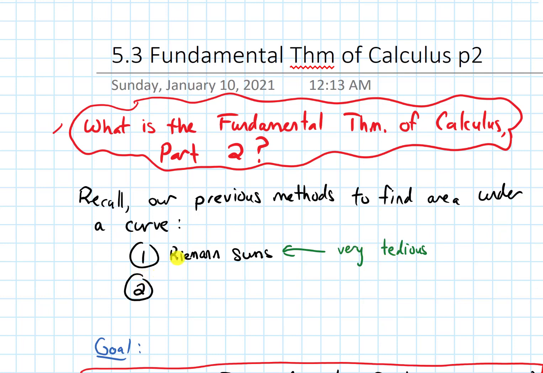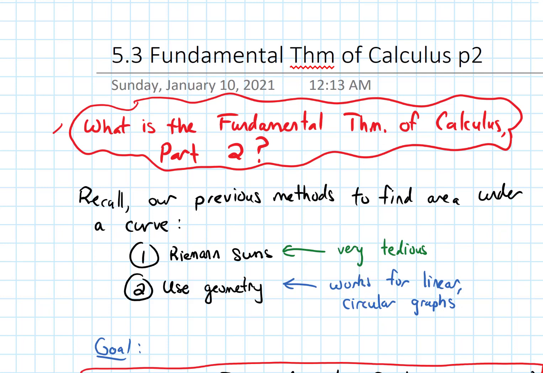The second method that we've seen is to use geometry. So sometimes we can use geometry formulas because we get nice shapes to get our areas. So this works for linear or circular graphs. So when we have line segments or portions of circles like semicircles or quarter circles, it works really well.